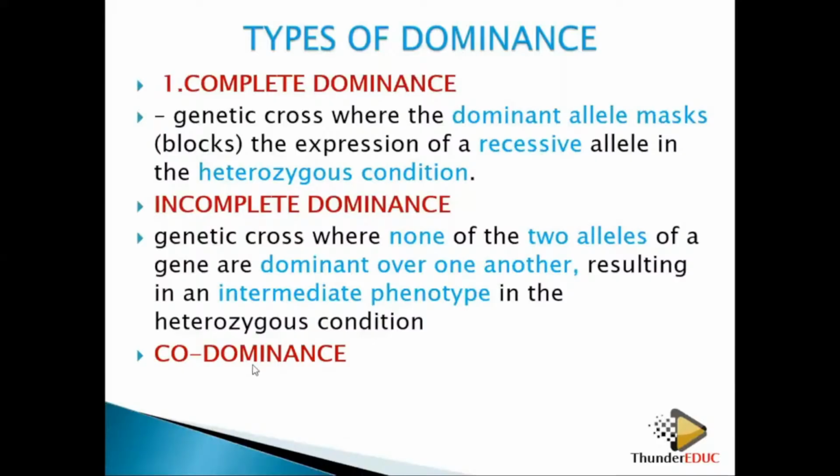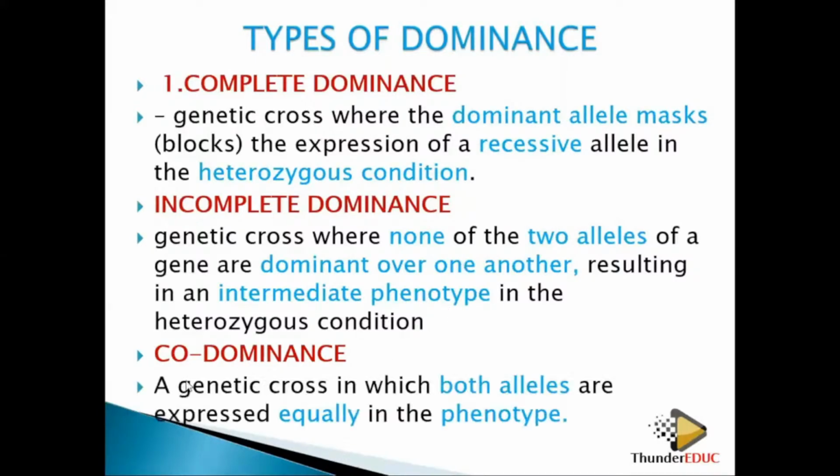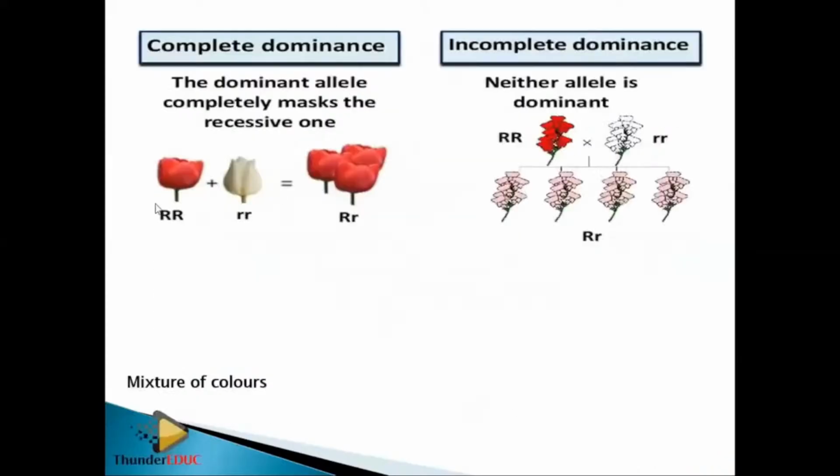It means that both of them are dominant and their dominance is being expressed in the phenotype at the same time. So here you're saying that a genetic cross in which both alleles are expressed equally in the phenotype. Let's look at these examples.